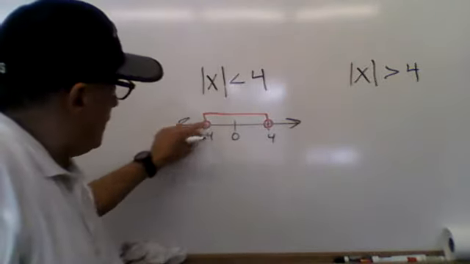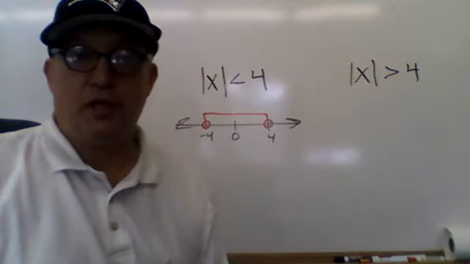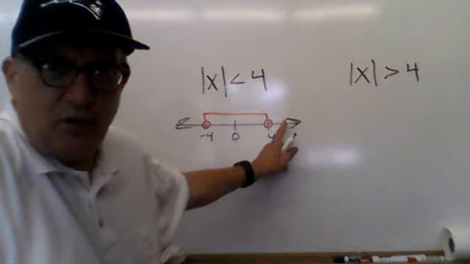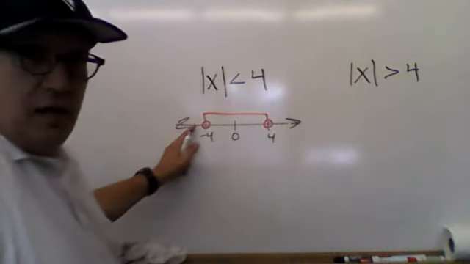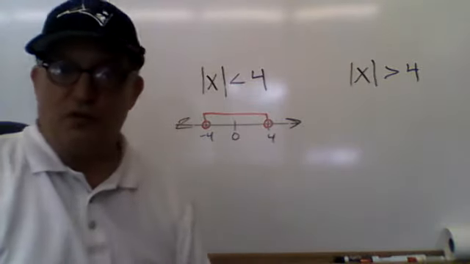These are all the numbers indicated in red that are less than 4 units from 0. Nothing over here is less. This is not less than 4 units from 0. 5, 6, 7. Neither is negative 5, negative 6. They're not less than 4 units from 0. They're more than 4 units from 0.